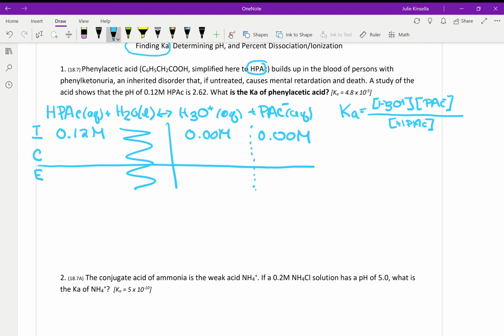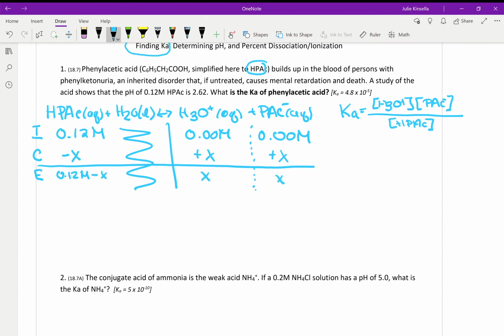And then 0 for the negative ion. So we know that it's going to proceed to the right. Based on our balanced equation, this is going to be minus 1x, and then our two products are going to increase by x. Then I'm going to create the sum of those two columns.